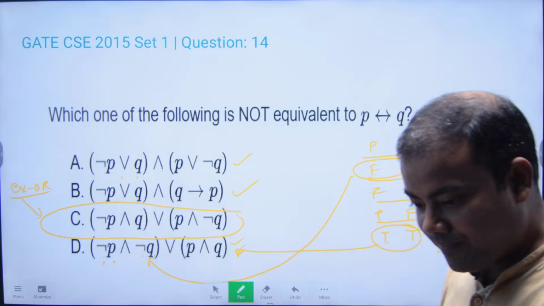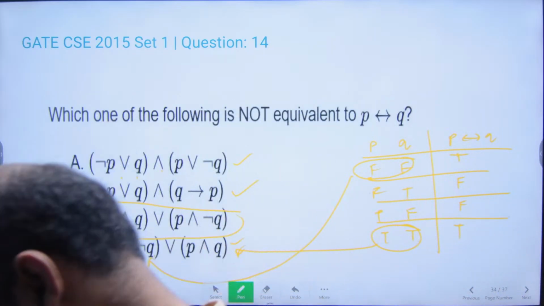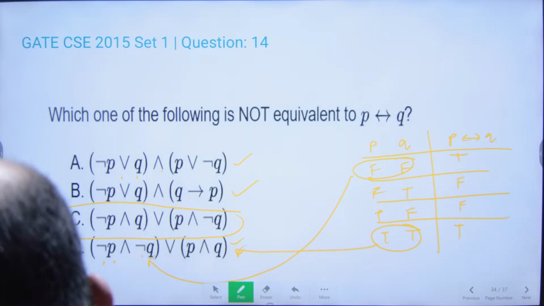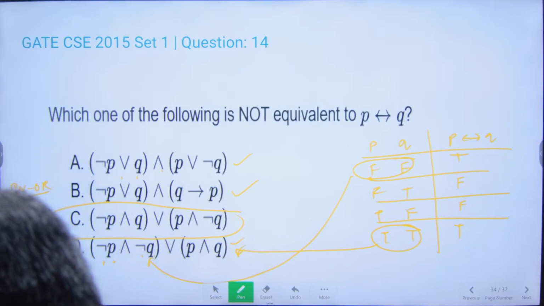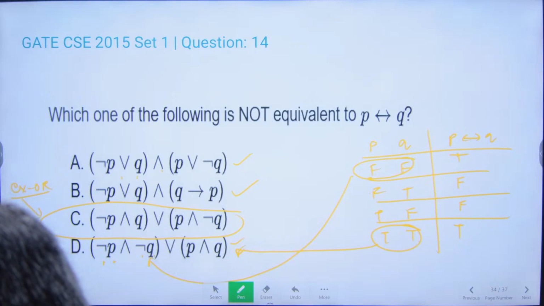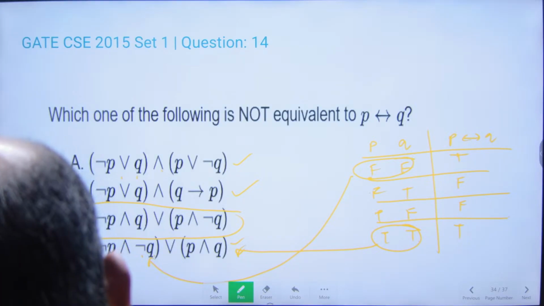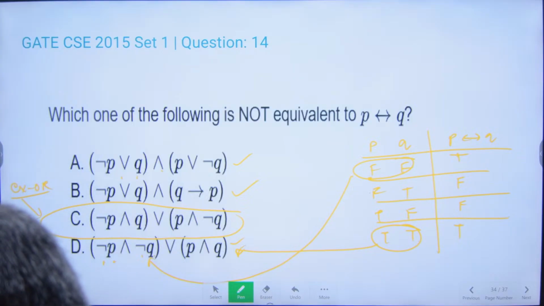That statement and this statement are same. Which statement? Option C. Option C, not of P. Yes, so this will become P or, okay, one minute. Yes, but this is in different format.